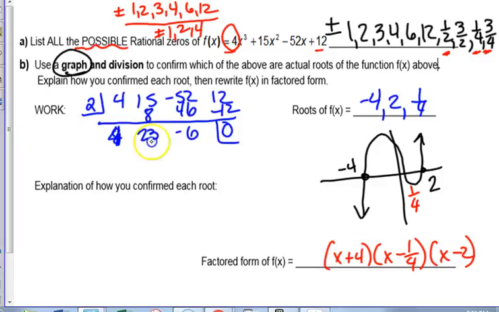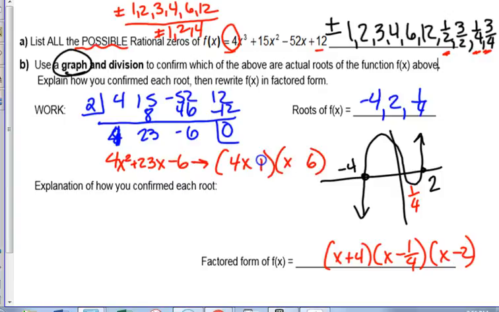Now, what does this mean? 4x squared. It does mean it's a 0 because the remainder was 0. And this factors 4x and x and 6 and 1 and minus and plus. So, yep, thank you.